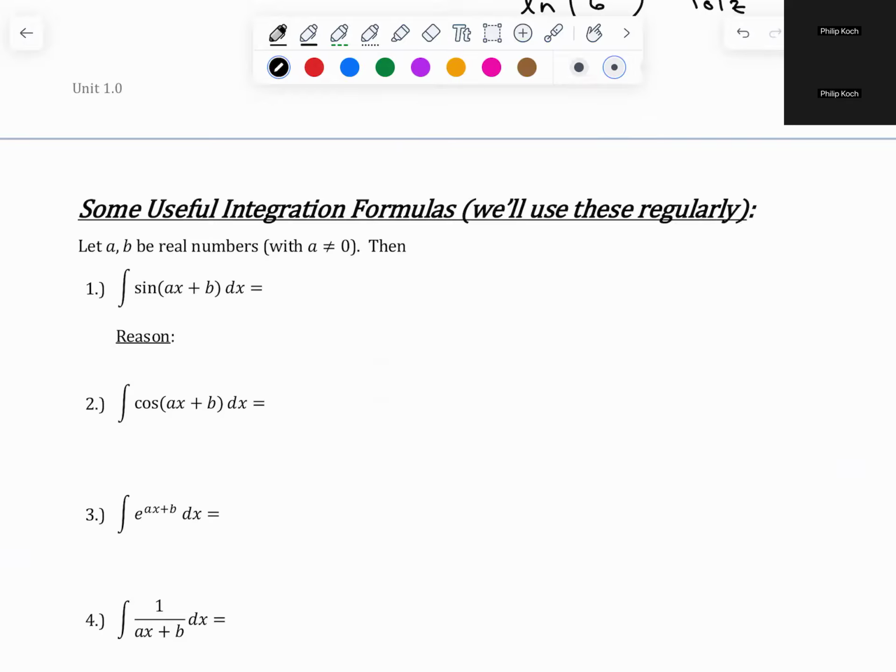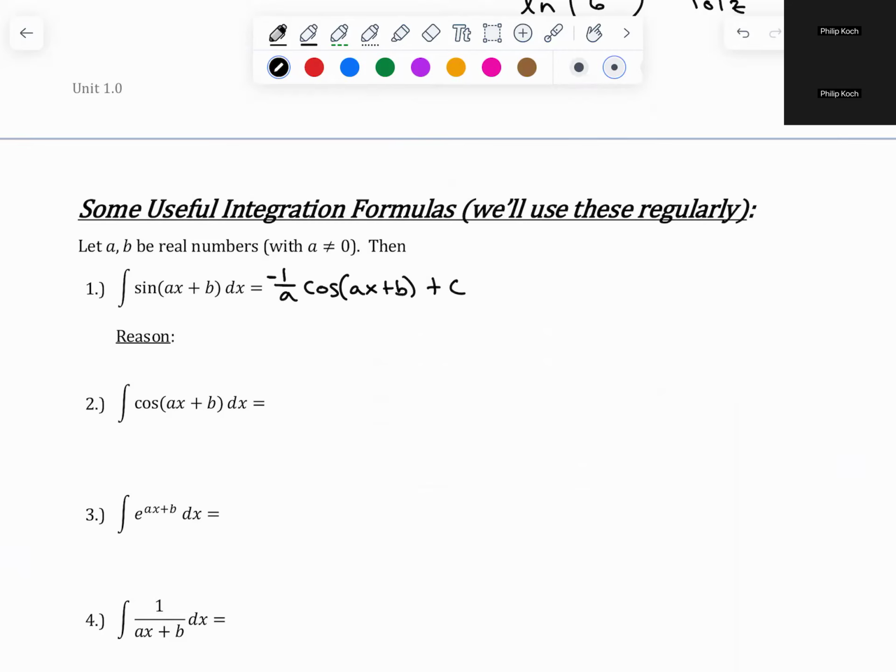The indefinite integral of sine of ax plus b dx is equal to negative 1 over a cosine of ax plus b, plus a constant c.